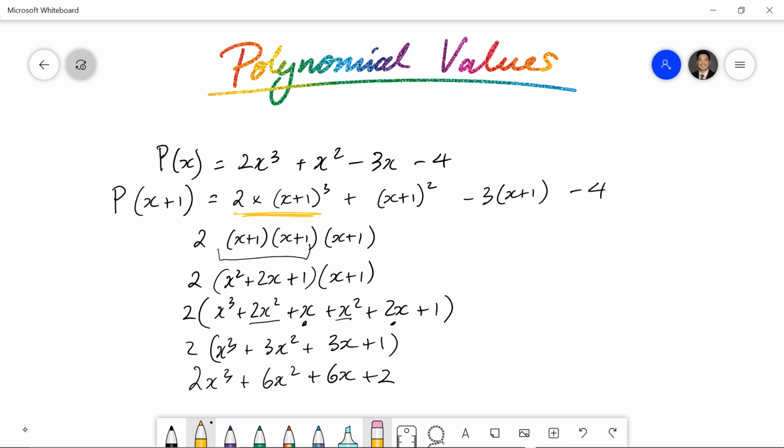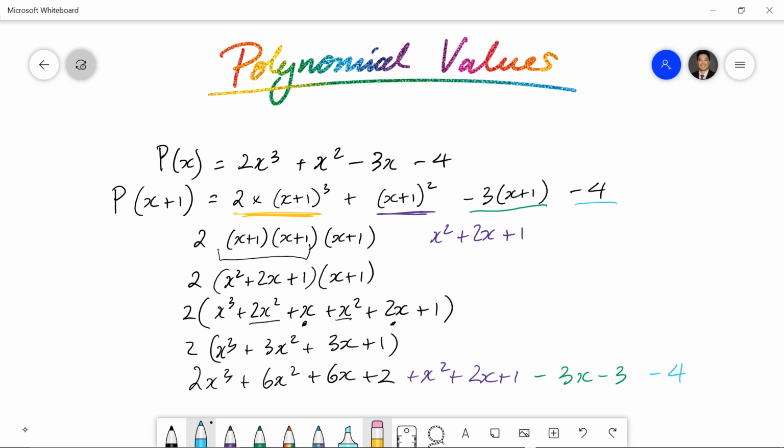Now I'm going to expand this one, and we can already see that this is going to be x squared plus 2x plus 1 because it's a perfect square. So we can easily add that to the end. And lastly, expanding that bracket gives minus 3x minus 3. Then we finish off with the minus 4 at the end.